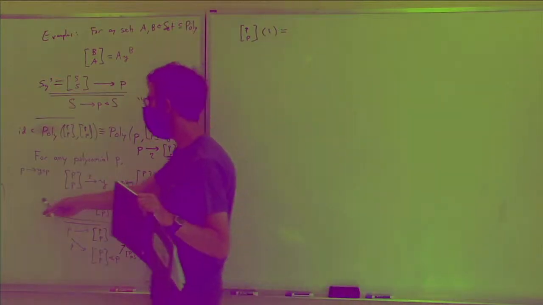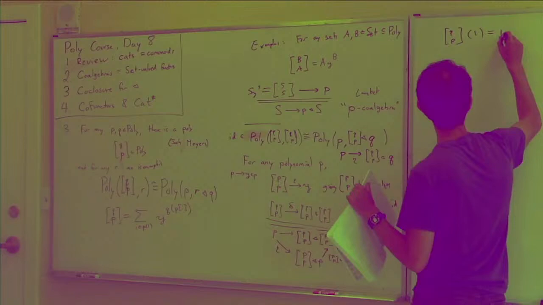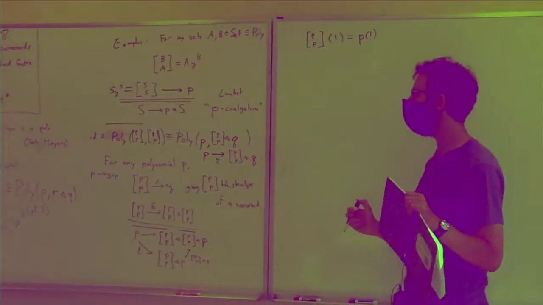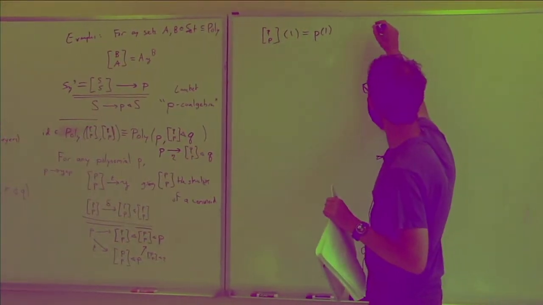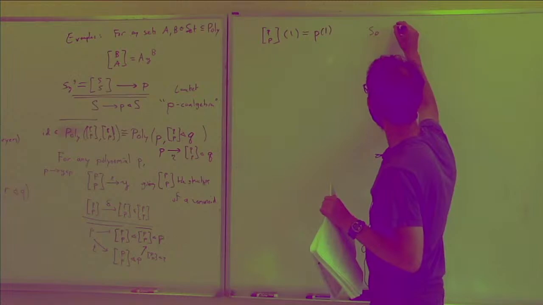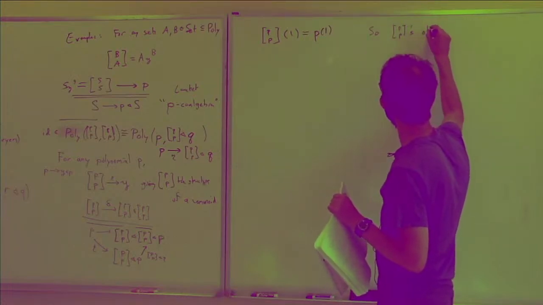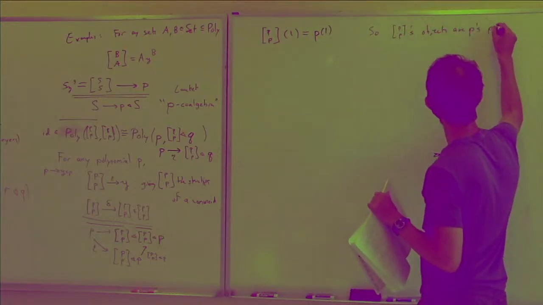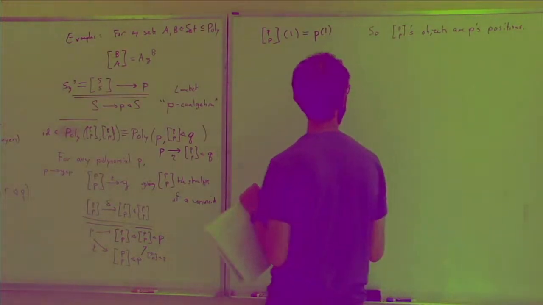And we said that PP of 1 is P of 1. So now we know the category we're going to get has the same number of positions as P. PP's objects are P's positions.